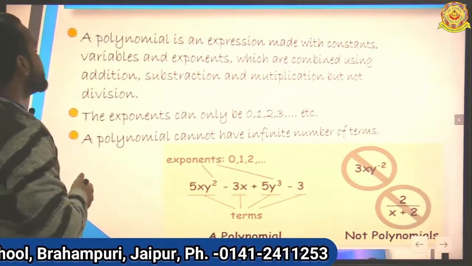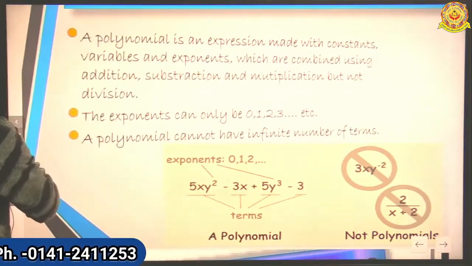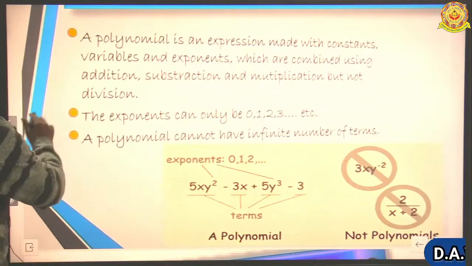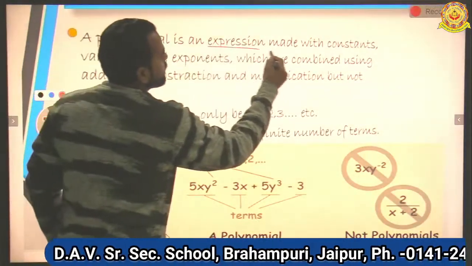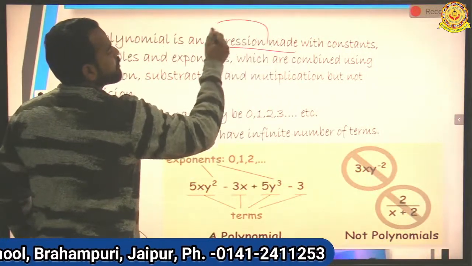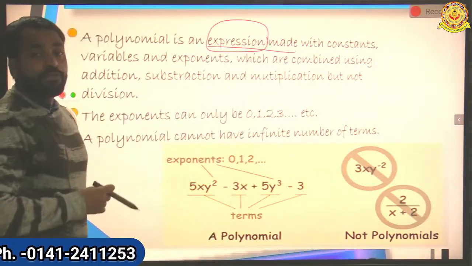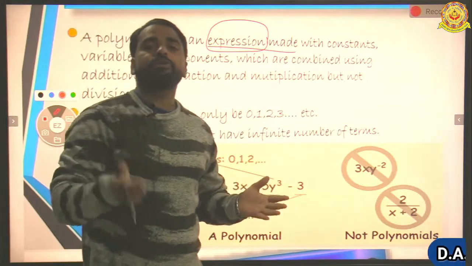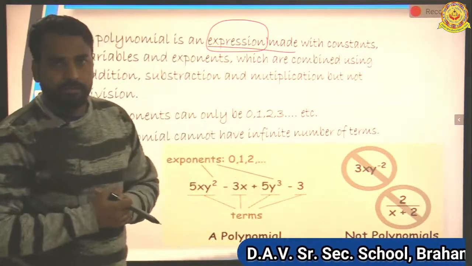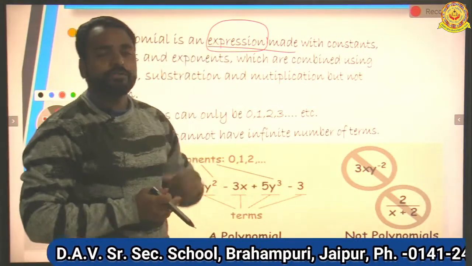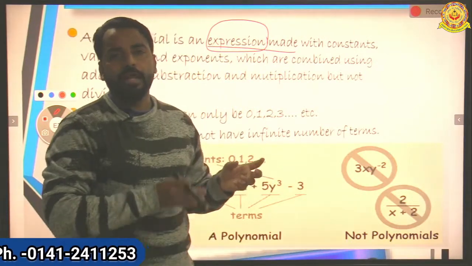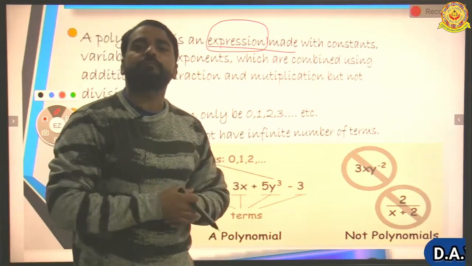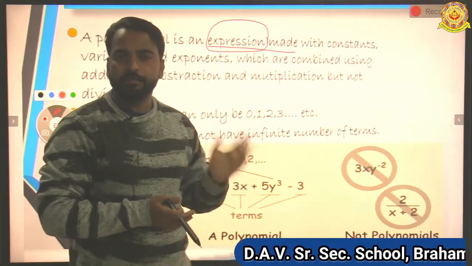So as we can see here, a polynomial is an expression. Now we know that expression and equation are two different words. An expression is just a combination of variables and coefficients along with mathematical operations like plus, minus, multiply and divide.